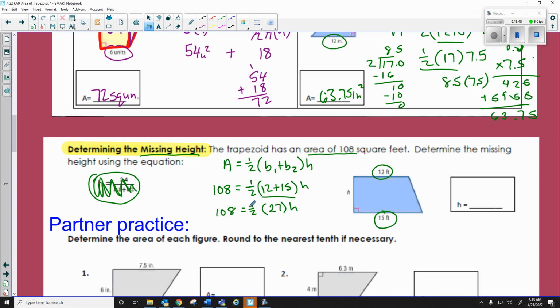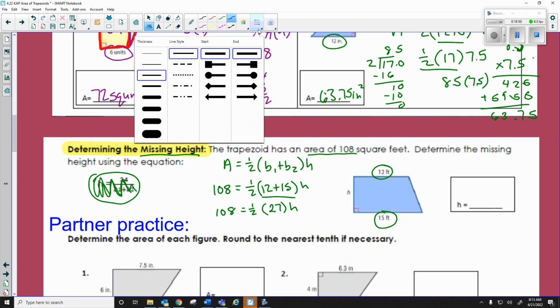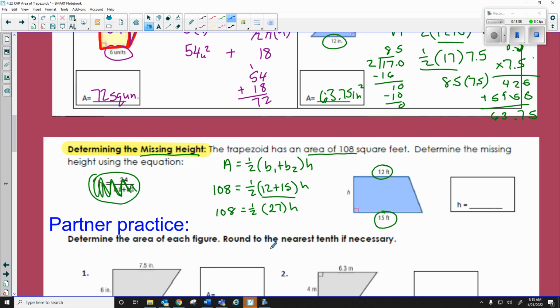I'm going to do this the complicated way. Well, you can do it either way. You can do 1/2 of 27. If you remember with fractions, to get rid of fractions you multiply by the reciprocal. So actually, I'm going to do this the less complicated way. I'm going to do 1/2 of 27.